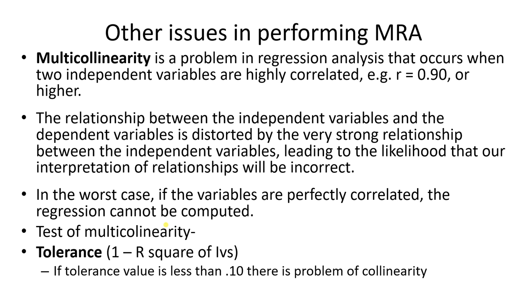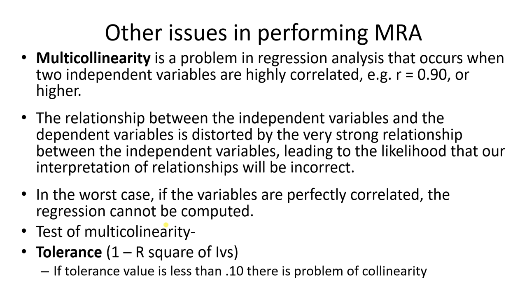How to test whether multicollinearity is an issue in our data or not? There are several indices. One index is tolerance. It is the value of the R square of the IVs subtracted from 1. For example, there are three variables, say x1, x2, x3, for making prediction.